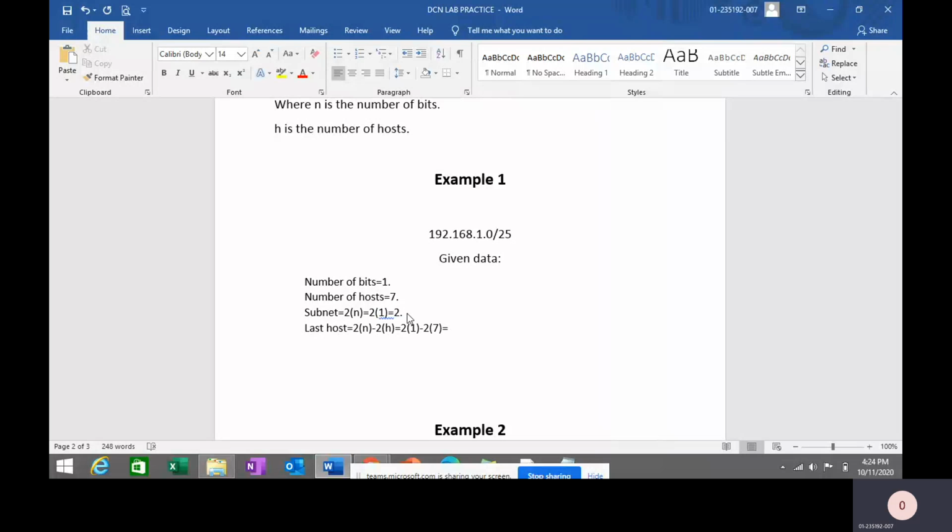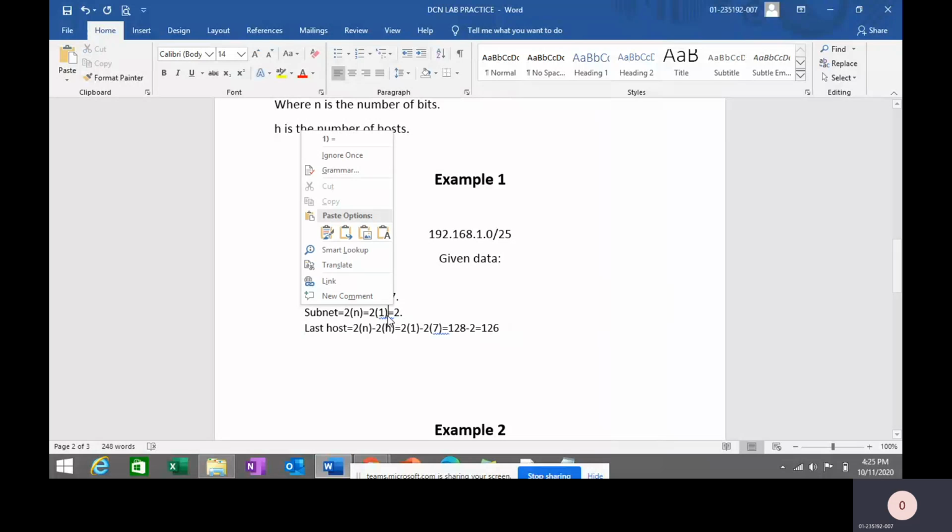So what is 2 raised to power 7? We get the value 128, and we subtract 2. So after subtracting, we get 126, which will be the last host of this IP address.